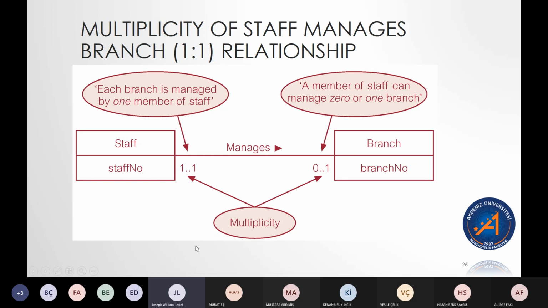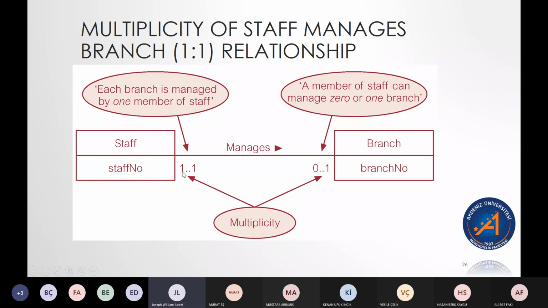So no matter what, if a branch exists in our system, we have to have a manager. But the reason why participation was not required, why we had this 0 here on the staff to the branch side, is because not all staff are managers, right?